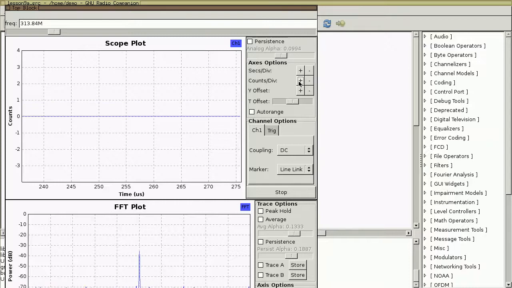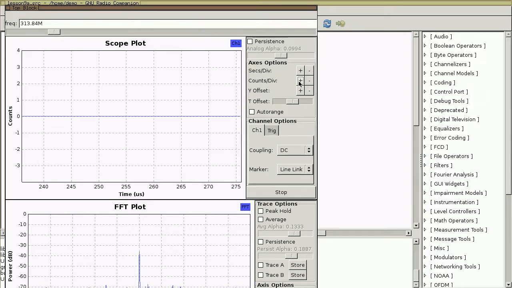So how are we going to demodulate it? How are we going to extract frequency information over time so we can scope that instead of scoping the amplitude? Well, if you recall from Lesson 7, we talked about an algorithm that allows us to do that for complex valued signals.